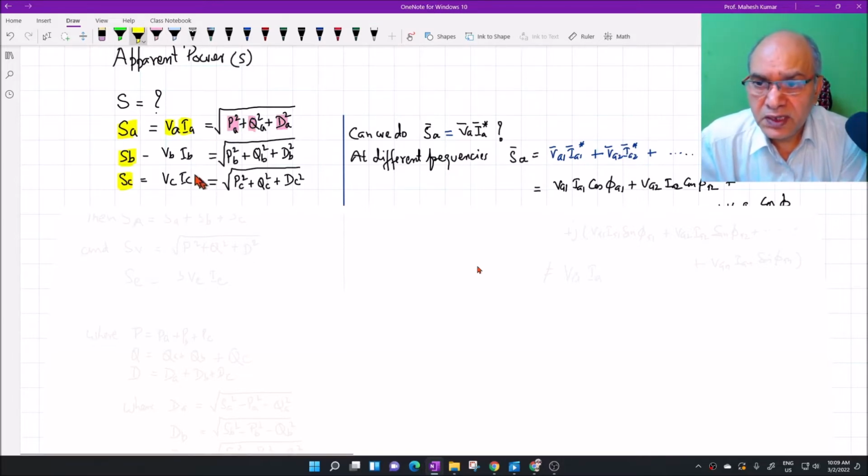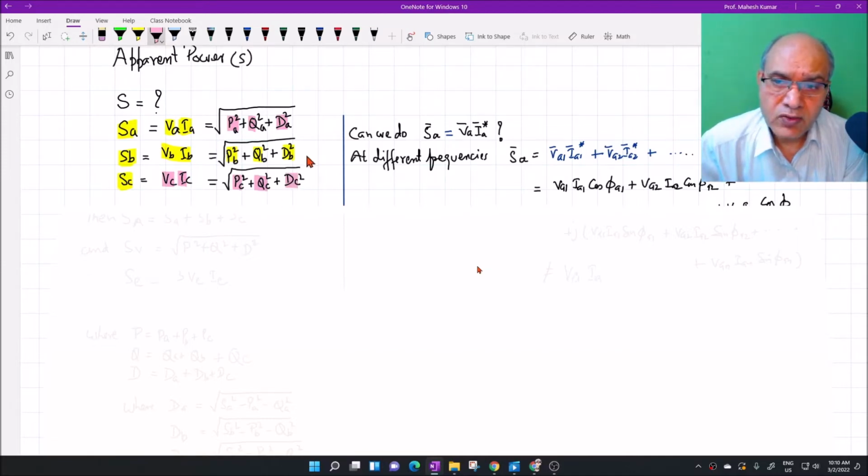Similarly, for phase B, VB into IB equals PB square plus QB square plus DB square. And for phase C, it is VC into IC, that is PC square plus QC square plus DC square.